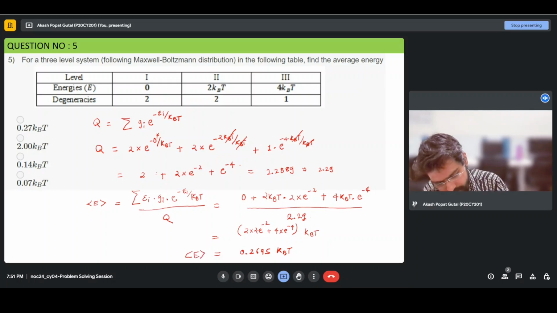The average energy turned out to be 0.27 kB, and the answer is option number A, or the first option.